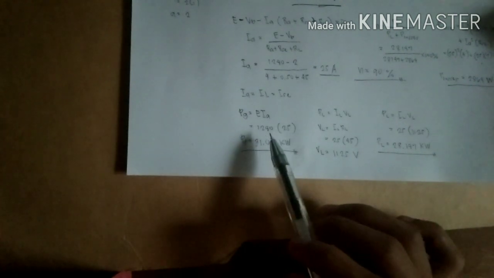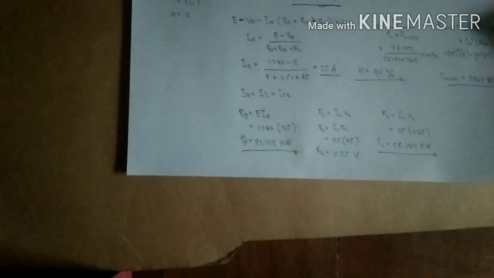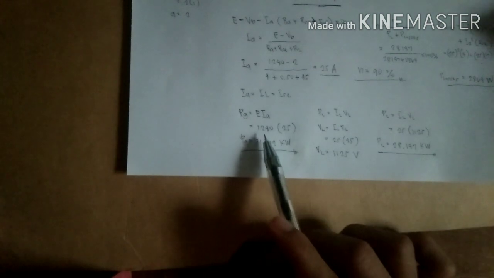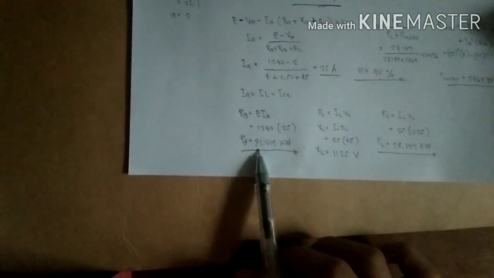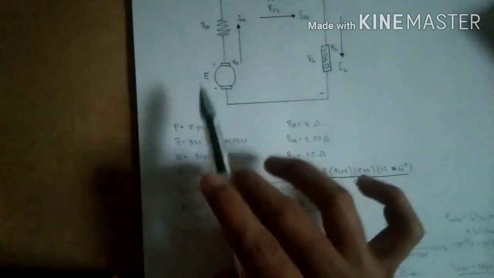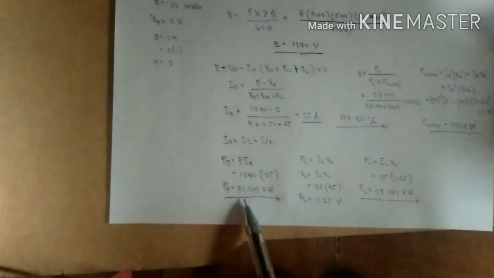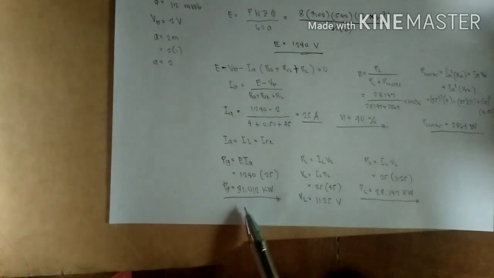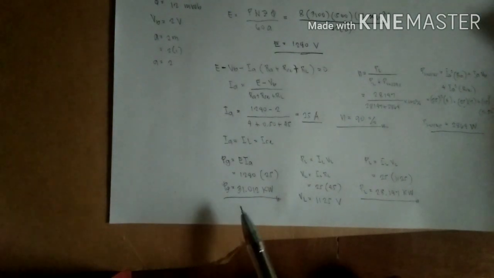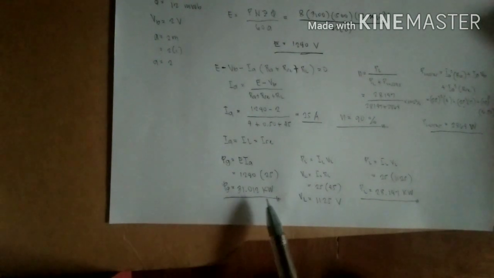Since we already got the generated EMF, 1240 times the armature current, which is 25. The result of the power generated in the armature is 31.012 kilowatts, or 31,012 watts.